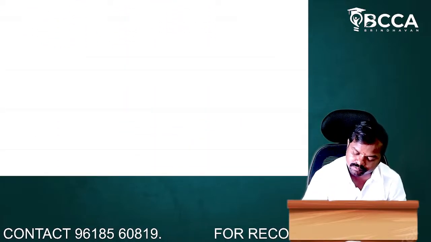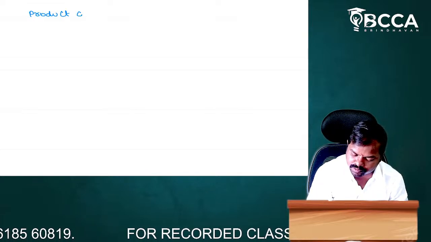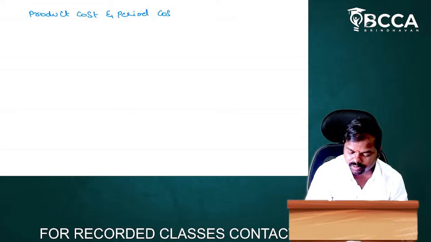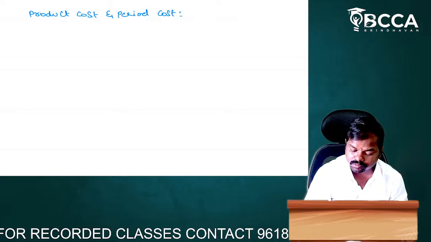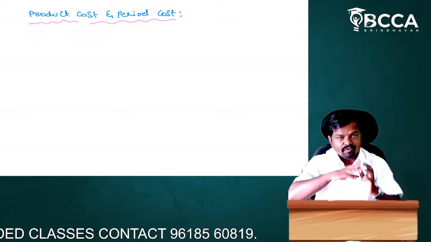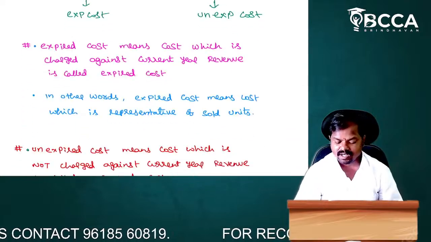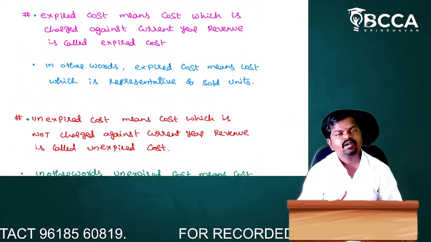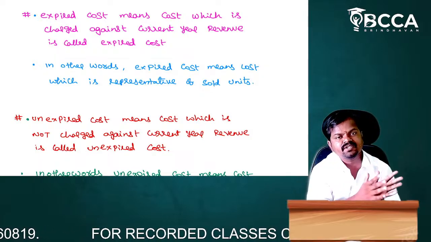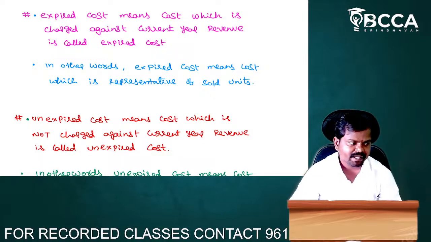Excellent. Next, product cost and period cost. Before moving into product cost and period cost, I will give 2 minutes time. Please revise expired cost and unexpired cost, then we will move into product cost and period cost, because product cost and period cost are linked with expired cost. That is the reason I am giving a few minutes break. Clear?